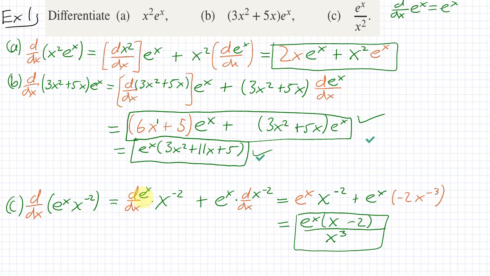Derivative of e to the x, doesn't change it, times the original second function, plus e to the x times the derivative of that x to the -2. That part over here becomes -2 times x to the -3. And then you have these two separate terms which both have e to the x, and then they both have x to a negative power in them, so you might want to combine it into one fraction, and you could write it like this, but you don't have to. Either one is really fine.